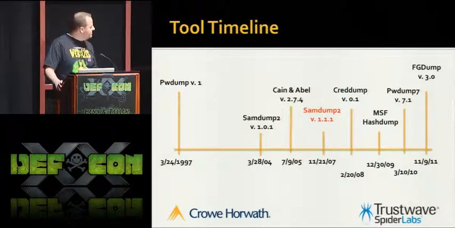SamDump realized that they were getting incorrect hashes. You go right to their changelog and they say, there's a problem here, I fixed the hash offset stuff. 2007. Well, 3 months later, CredDump was created. CredDump was one of the first tools to do this in a scripting language.